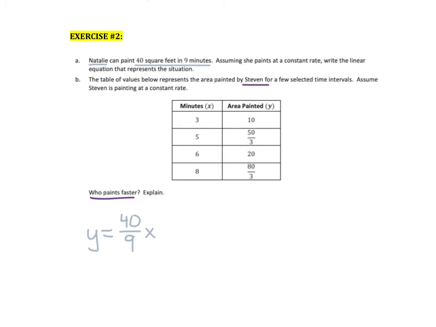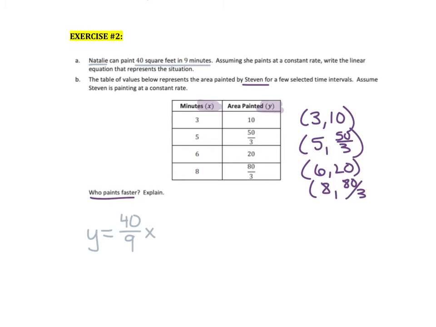Who paints faster? Now, I want to draw your attention that these are x values and these are y values, which actually means these are ordered pairs. So we have (3, 10), (5, 50 over 3), (6, 20), and (8, 80 over 3).